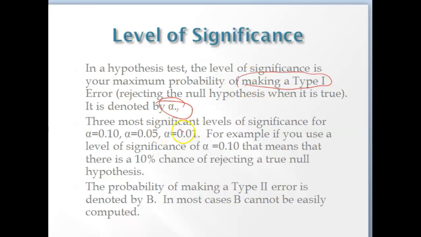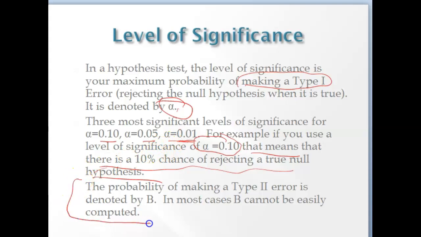The most common significance levels are alpha equal to 0.1, alpha equal to 0.05, and alpha equal to 0.01. For example, if you use the significance level of alpha equal to 0.10, then that means that there's a 10% chance of rejecting a true null hypothesis. Simply multiply by 100, is what you're doing. So if you choose alpha to equal 0.01, then that means that there's only a 1% chance of rejecting a true null hypothesis.